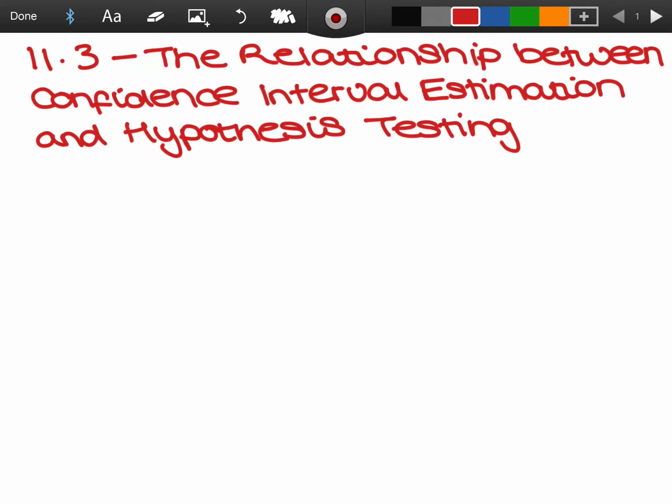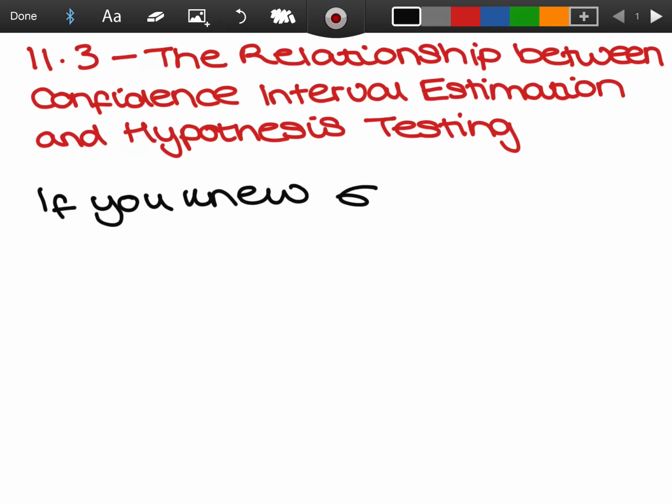So if we look back at chapter 10, we looked at a confidence interval that we were hoping would contain that population mean, if we knew what the population standard deviation was. Then you could create this confidence interval.